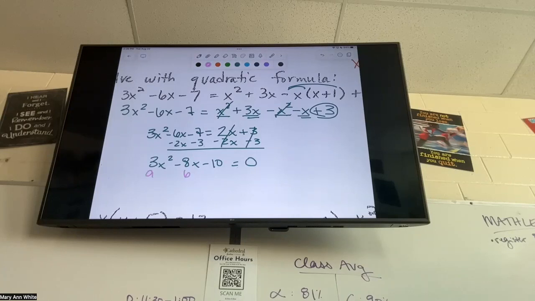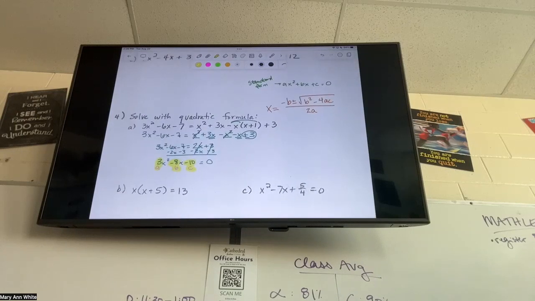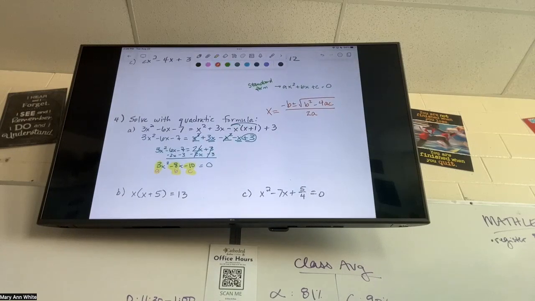I've got A, I've got B, I've got C. Another reminder is that when you do quadratic formula, please do not use any x's, don't use any x squared, just use the coefficient. So A is just 3, B is just negative 8, and then C is just negative 10. Once you have those numbers, plug them in and let's keep moving with the quadratic formula.